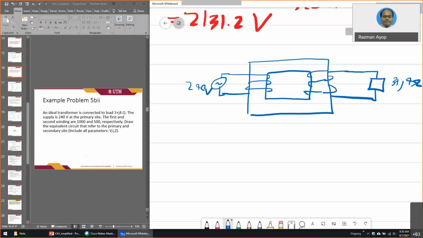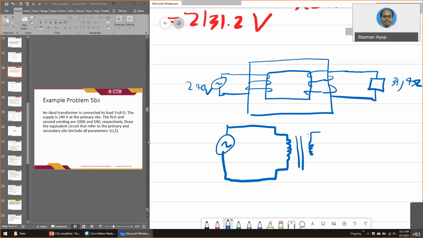This is the figure. So the equivalent circuit, if you draw this back for the ideal transformer, is basically something like this, with 3 plus j4. So this is the equivalent circuit.